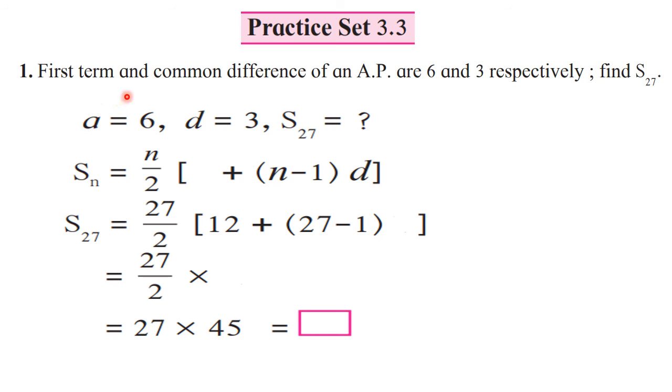The first term and common difference of an AP are 6 and 3 respectively. Find S27. This question is activity based. See, in the textbook, the empty boxes are given. Here is one empty box. I have erased it because I need to write down the answers there, and it was not looking good when I was overwriting on that.